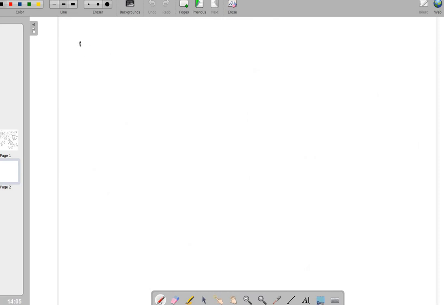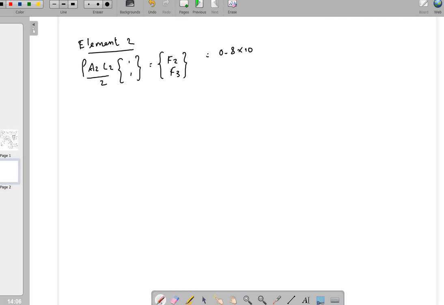For element number 2, I am going to use the same expression, rho A2 L2 by 2 times the matrix 1, 1, which is F2 and F3 for element number 2. So rho is 0.8 into 10 power minus 4. Area 2 is 80, the width, times thickness 25.